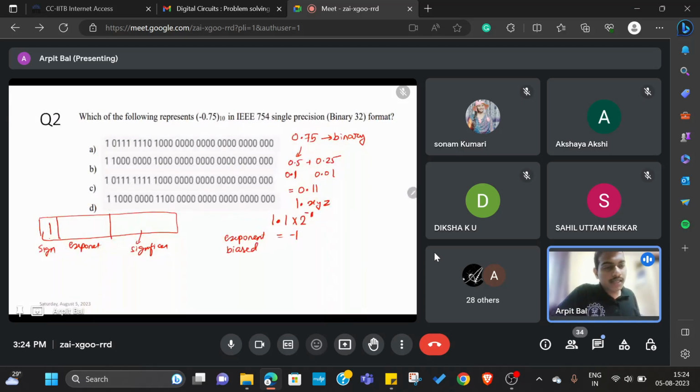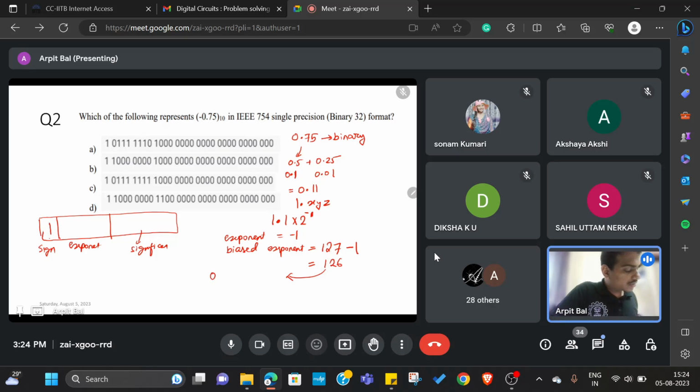To get the biased exponent from the exponent, we need to add 127 to it. So 127 minus 1 is 126. Now we need to represent 126 in binary.